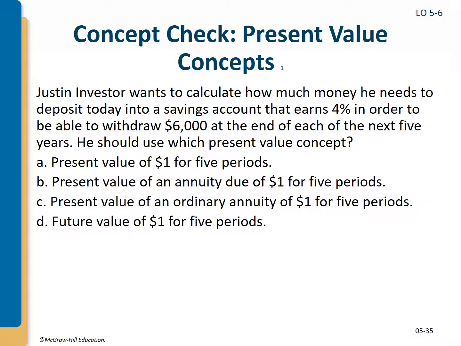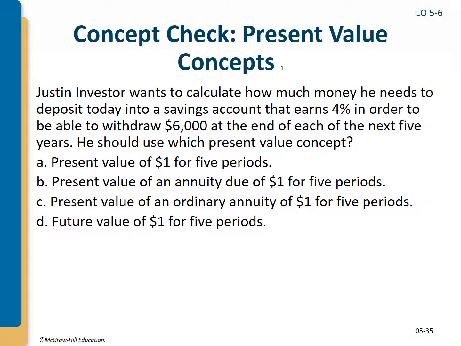How do we calculate the value? Well, the good news is we have tables, and they're back at the end of the appendix, P4. We want to know what is the present value of those $6,000 payments of the annuity. What type of annuity? An ordinary annuity. How do I know that?